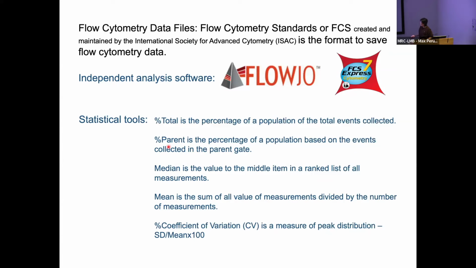I can give you a license. There are some statistic tools to help you calculate the percentage of your positive cells or compare the intensity of fluorescent signal, or, especially when you're measuring DNA, the CVs are an important parameter to look at.